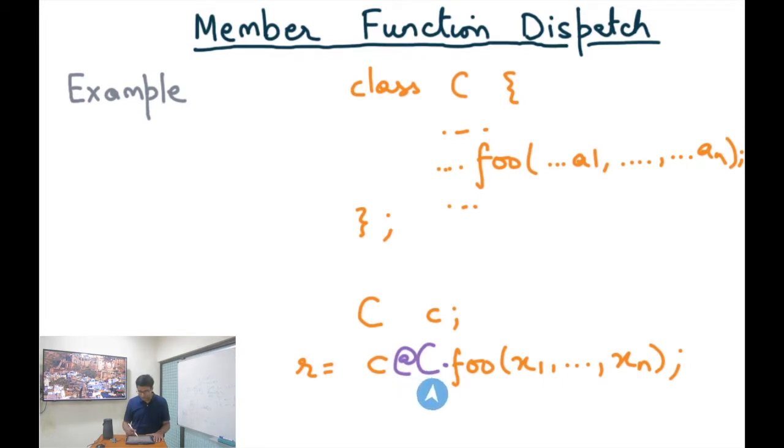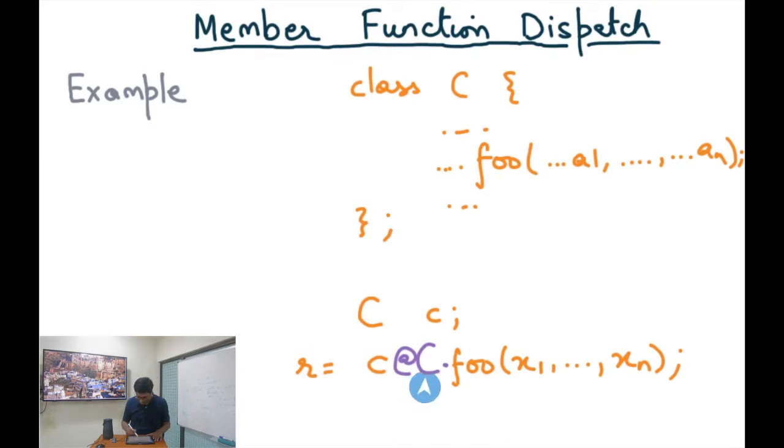We will know where this foo is coming from, what declaration matches this particular identifier, and using scoping we'll be able to resolve this. And I'm going to instead qualify it precisely to say c at capital C dot foo, which means I'm calling capital C's foo. It completely disambiguates that foo is a member of class C, because it could have been a member of any particular class present in the type hierarchy.